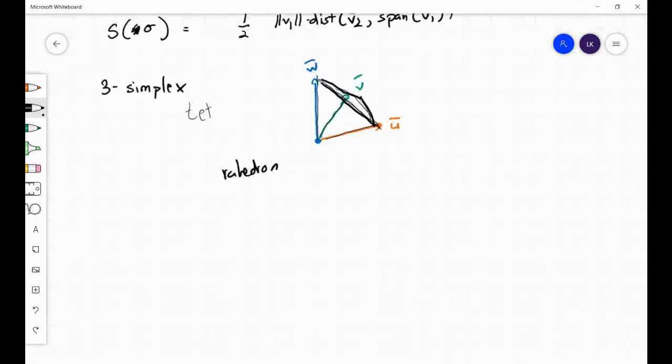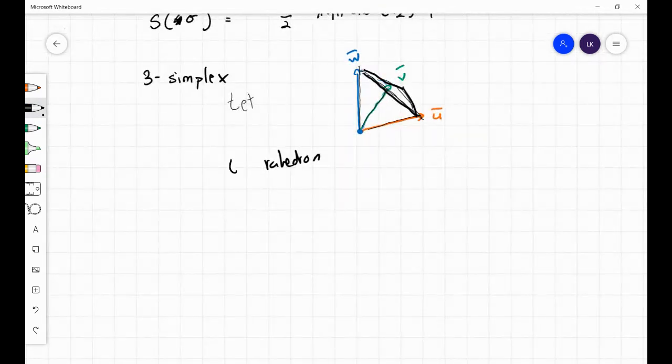Okay, so the idea is that for the volume, we know that the base here is a triangle, so you can say that it's the volume of a 2 simplex, right? So the triangle is a 2 simplex. And then we can multiply by the distance between the third vector w and that 2 simplex, or if you'd like, the subspace spanned by u and v.